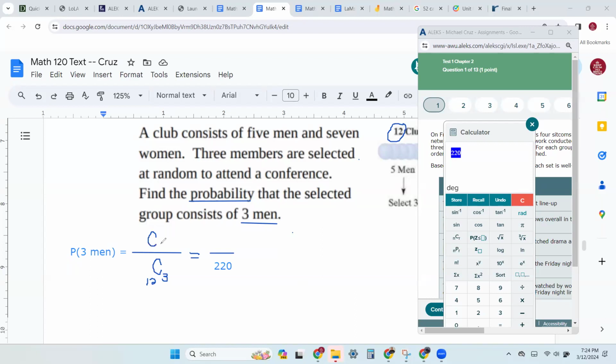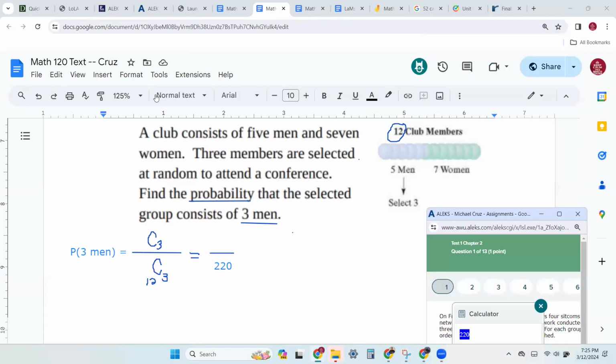We want our 3 now to come from 12. We want it to come from which one? 7 women or 5 men? If we want 3 men, what do they have to be picked from? The 5 or the 7? Hint, hint. The 3 gotta come from that 5, or else there's no 3 men. They gotta come from those 5 guys.